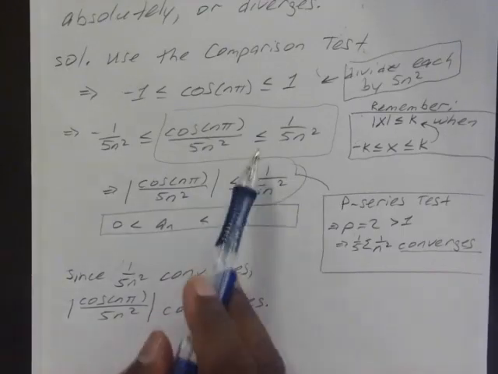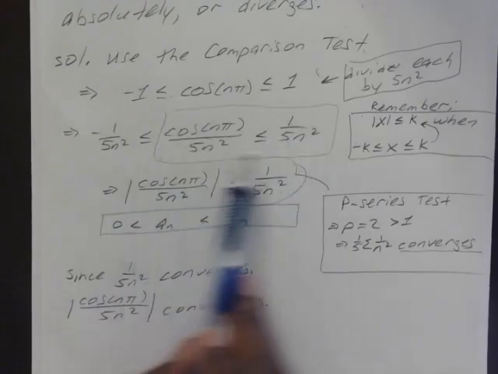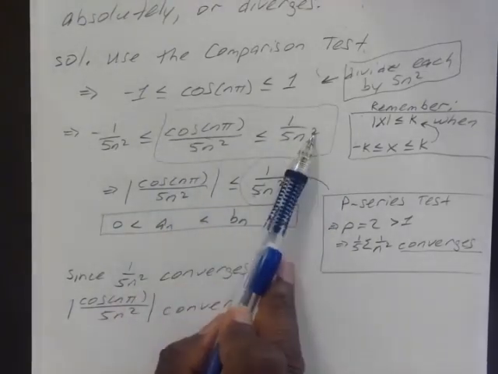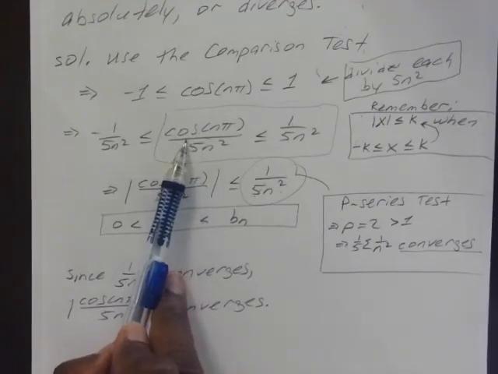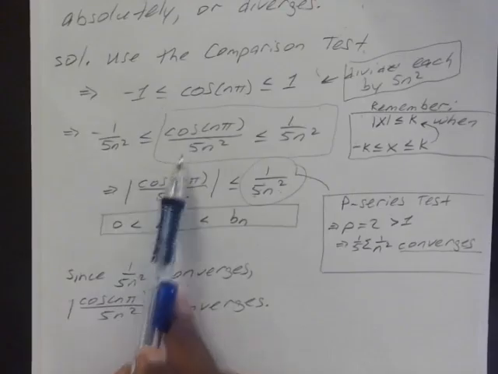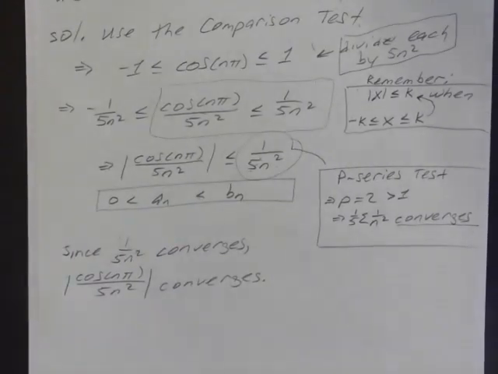Okay. So again, if we did the p-series test right here, we'd get the exact same thing. This converged, so this will also converge. So we know even without the absolute value, it will still converge. So if it converges with and without the absolute value, it converges absolutely.